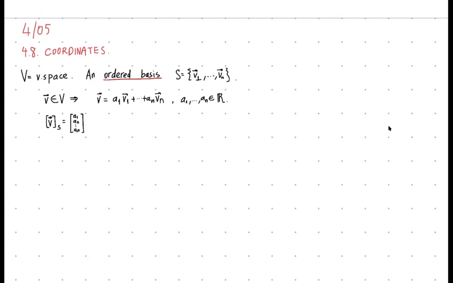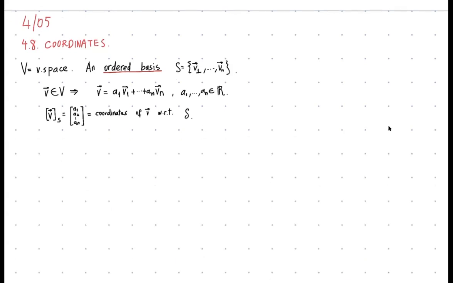The definition is: the coordinates of V with respect to the set S. That's what it means.